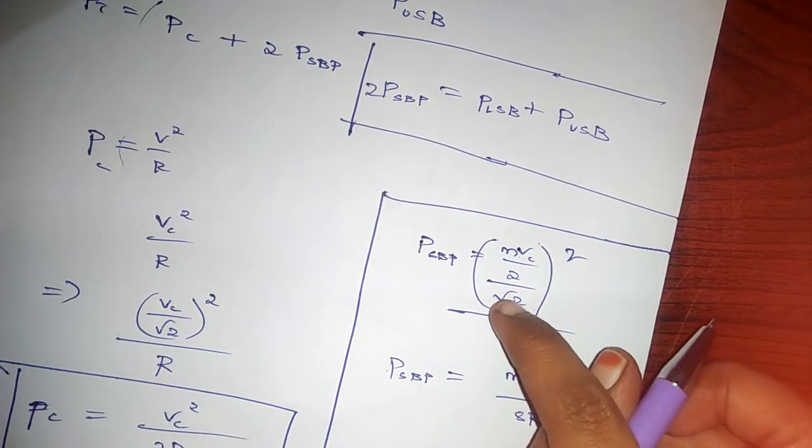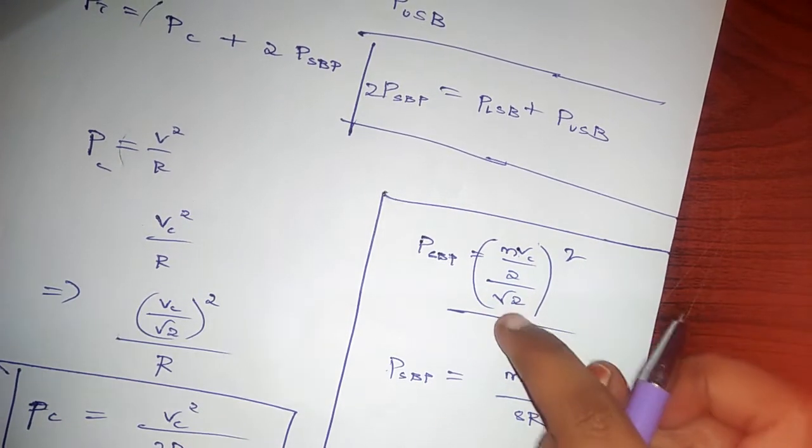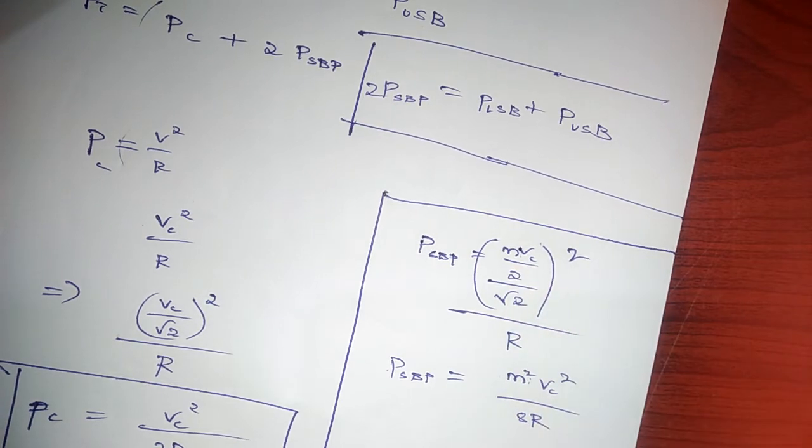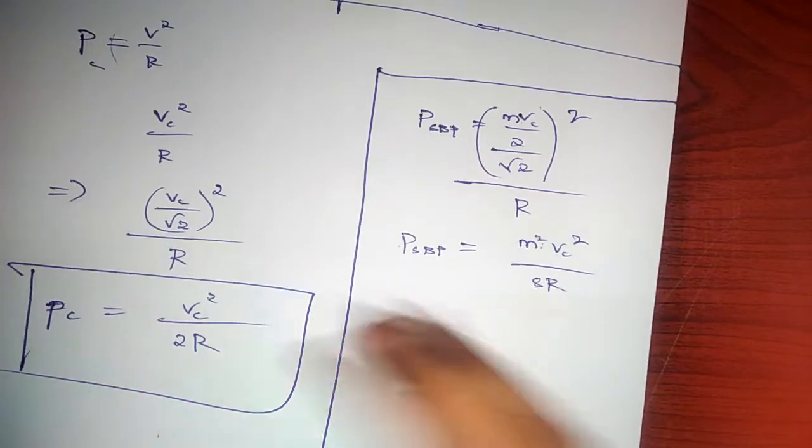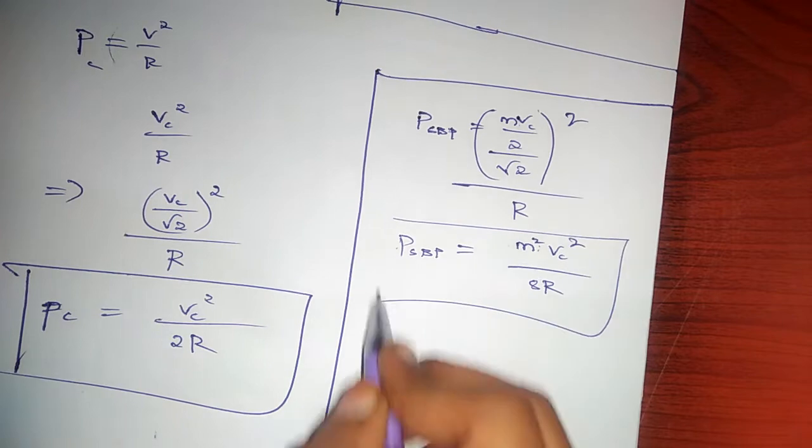Root 2 whole square is 2, so 2 times 4 is 8.